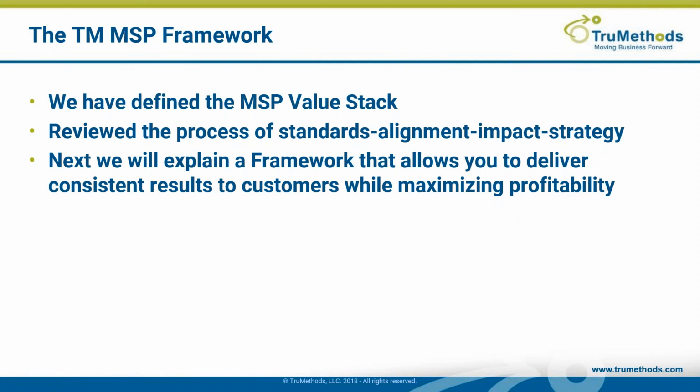It connects them to top line revenue and it connects them to your average cost so that you can make a complex business more simple in terms of decision making and how to prioritize things. That's the secret of the framework. That's how you get to become a high performing MSP that is at 18, 20, 25% net profit margins rather than an average that is in the 10 to 14% range.